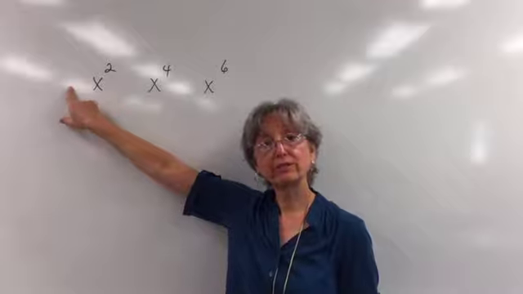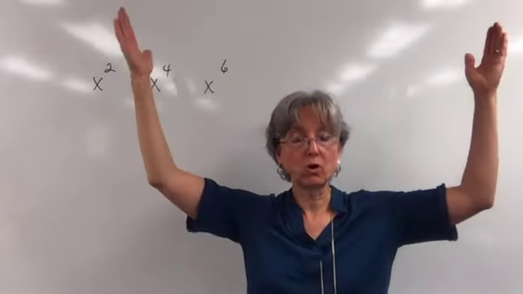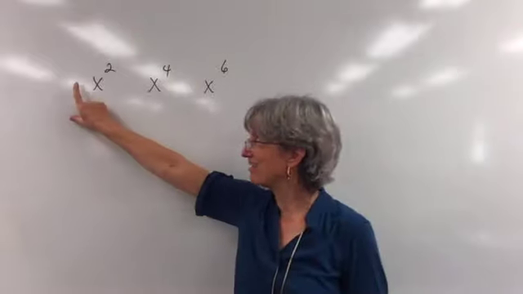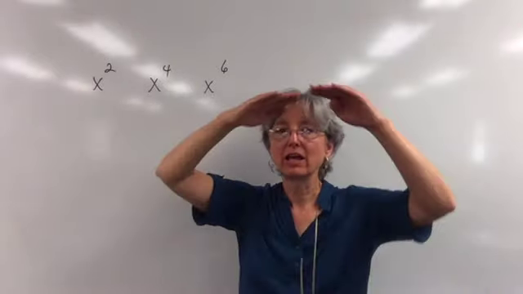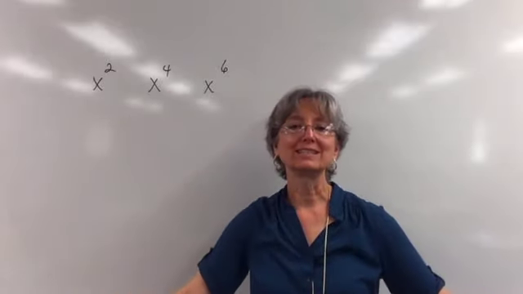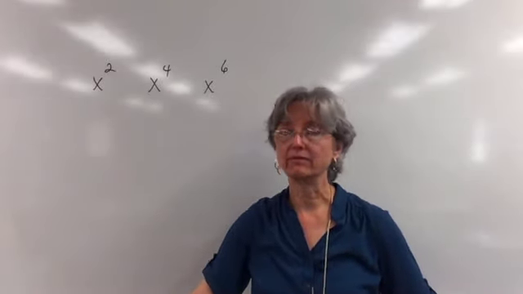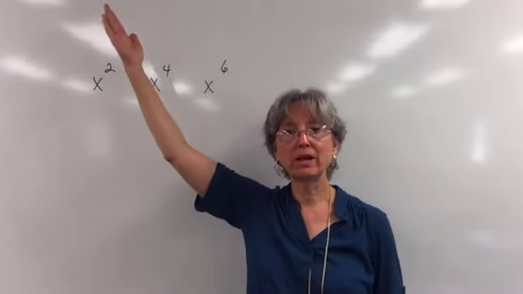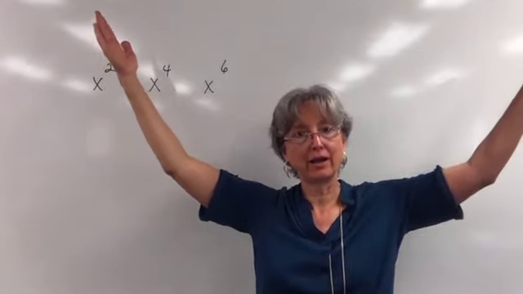If my coefficient is positive, we know the quadratic opens up. If my coefficient is negative, then the 2 ends go down. That's the end behavior. So if this is positive and even, the end behavior is up and up.